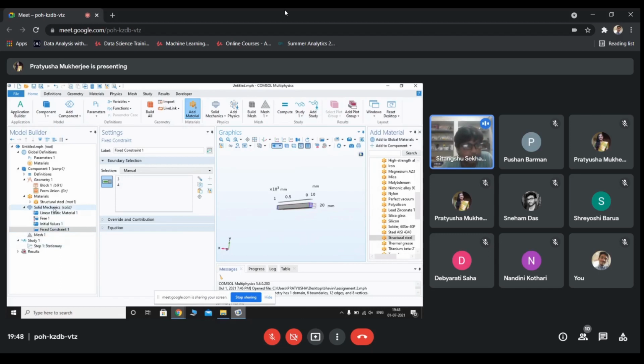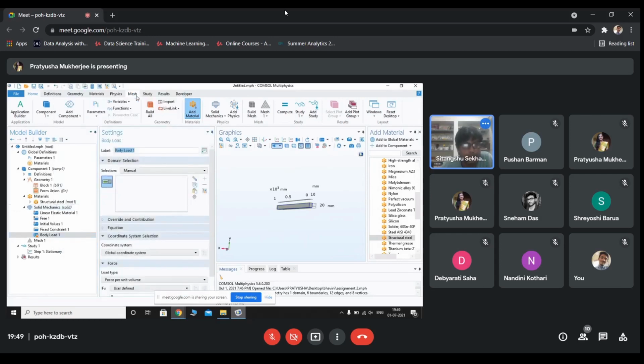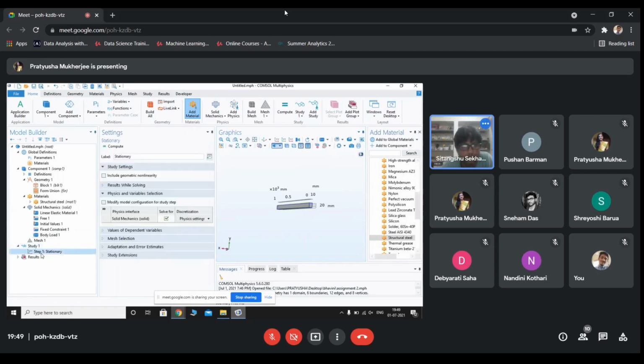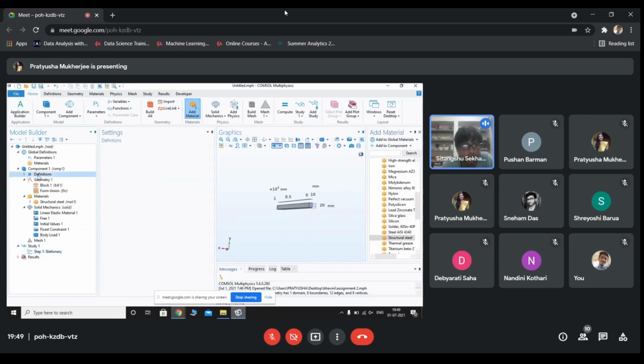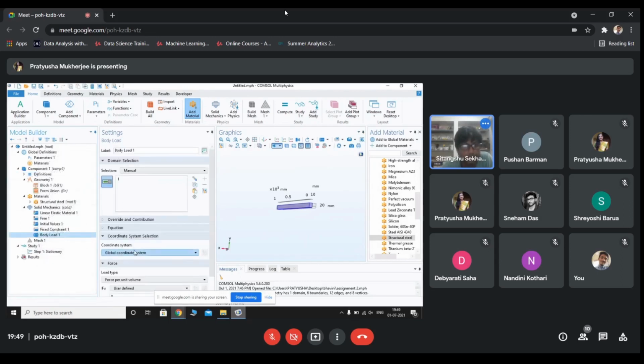Now you go to volume force, body load. You select the entire structure. Then you have to define the load. Come down.